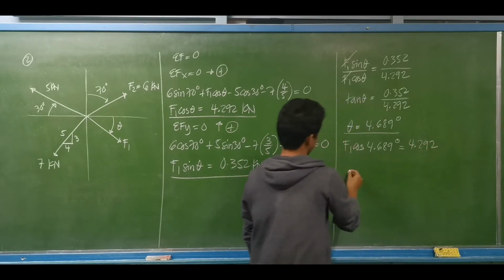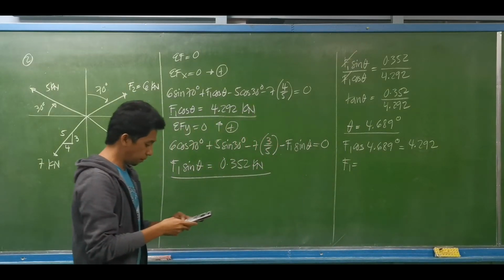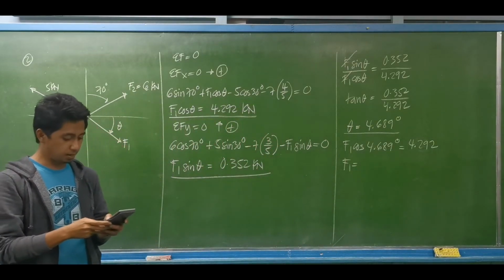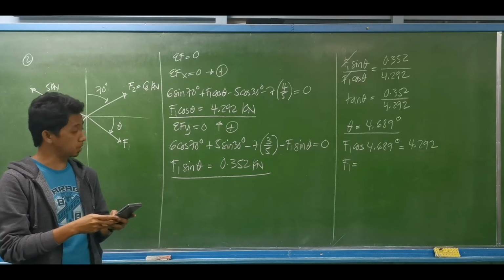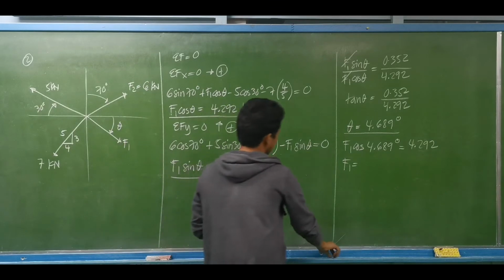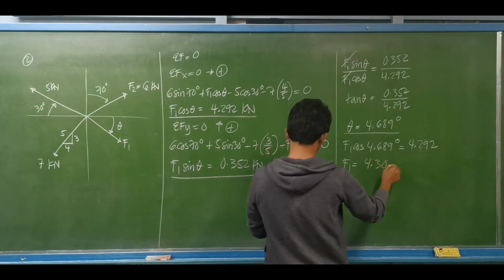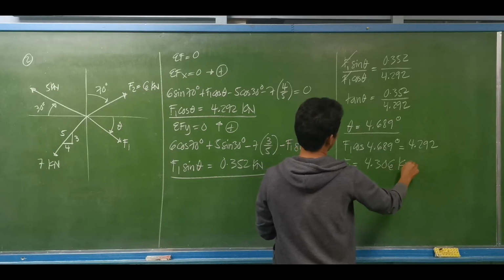4.292 kilonewtons. So we have 4.292 divided by the cosine of 4.689 degrees. The magnitude of the force is equal to 4.306 kilonewtons.